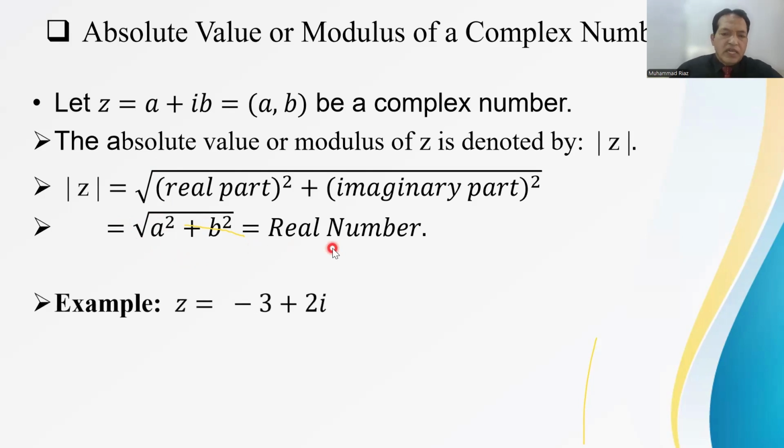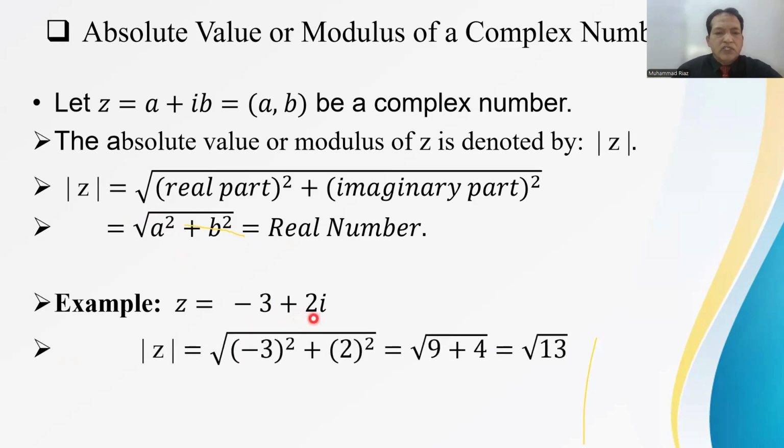Now look, an example: z is equal to minus 3 plus 2 iota. Students, you know very well the real part is minus 3 and the imaginary part is 2. Now, by using the method of finding the absolute value of a complex number, the absolute value of z is equal to under root minus 3 square, which is the real part square, plus 2 square, which is the imaginary part square.